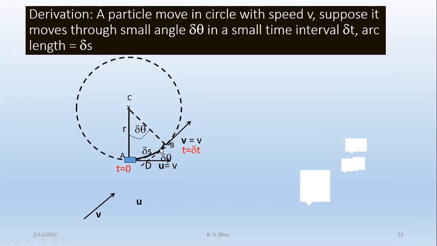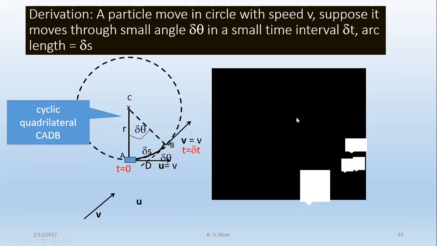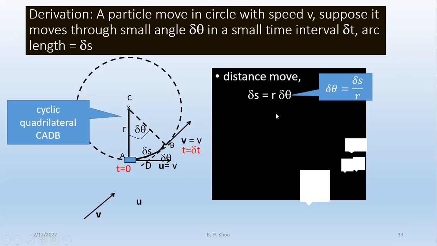That arc length is your delta S, the distance moved. So remember, this is a cyclic quadrilateral, CADB. We use S equals R theta, or delta S equals R delta theta.